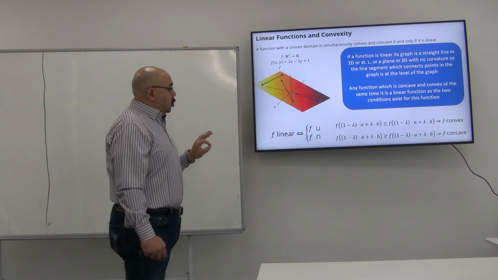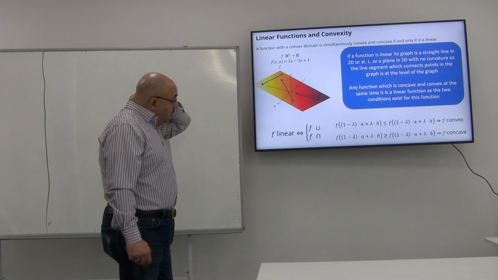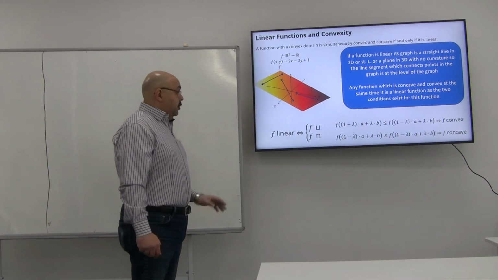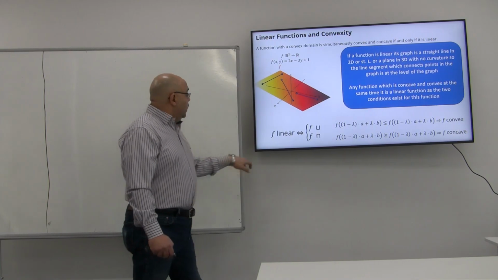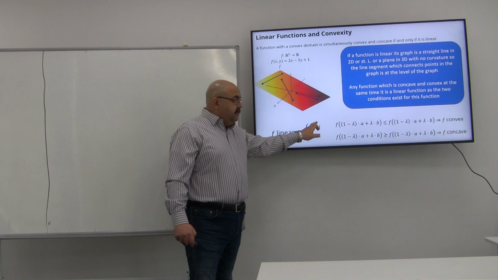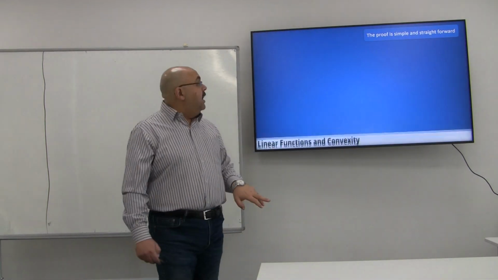Okay, a shorthand symbolization for this property is: f is linear, which leads to f is a convex and concave function at the same time.